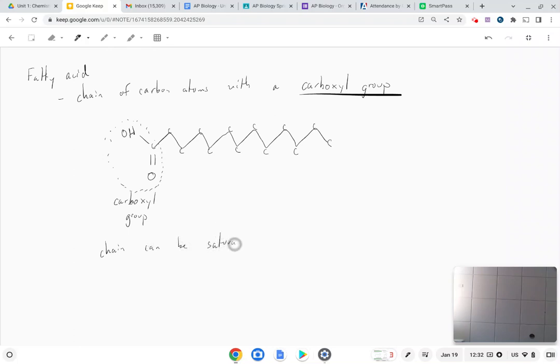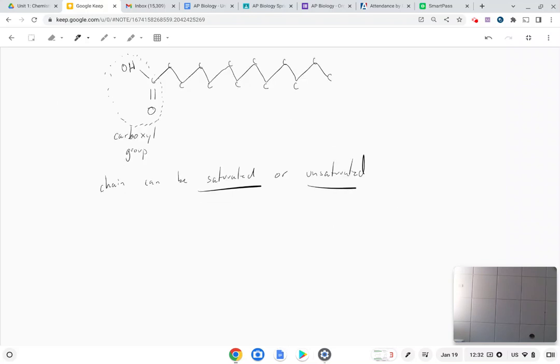saturated or unsaturated. And what that means is, I want to say it's saturated with carbon atoms. What it means to saturate something is that it's completely filled up.